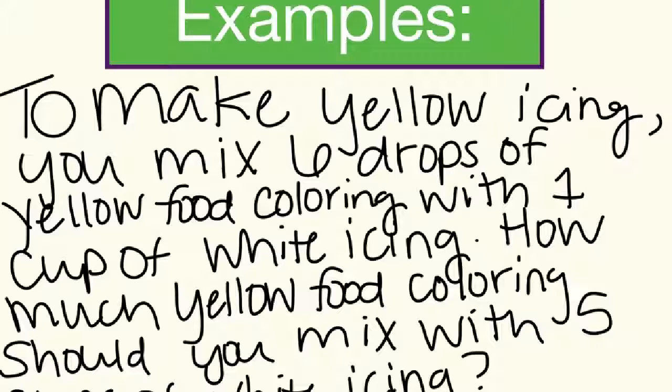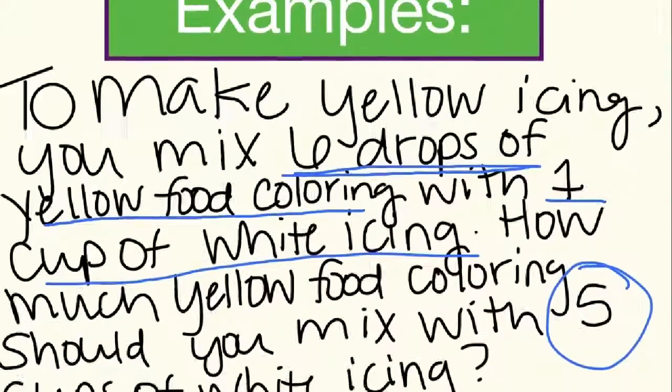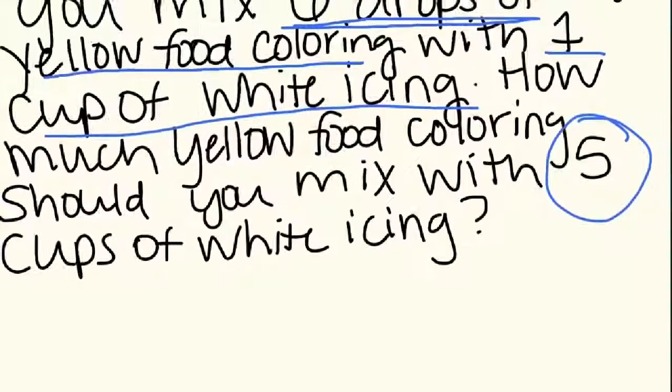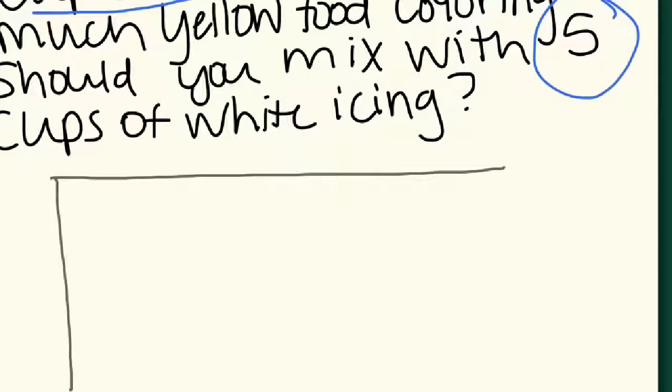We have 6 drops of yellow food coloring, and that is used to make 1 cup of white icing, and now we want to see what happens if we make 5 cups. I think the best way to do this is probably to make a table. So I'm going to make my table down here, and we'll come back to look at that in a second. I'm going to just draw it like this.